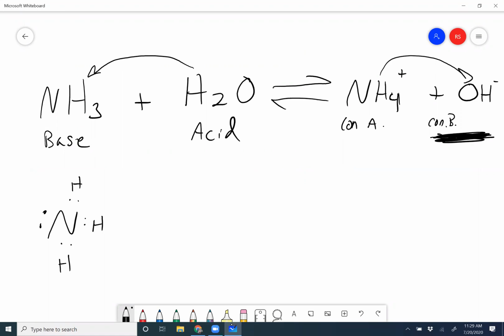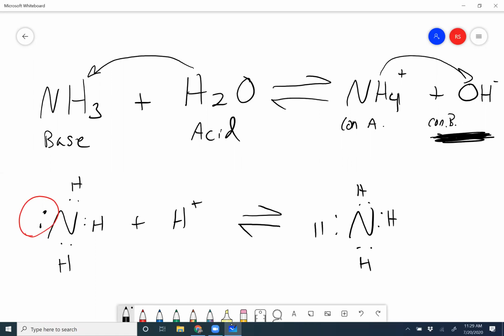And these out here are our electron pairs. So if the hydrogen comes in as a positive hydrogen, that means it has no electrons. So when it comes together with the ammonia, the hydrogen comes in and borrows those lone pair of electrons, because that was our lone pair right there.